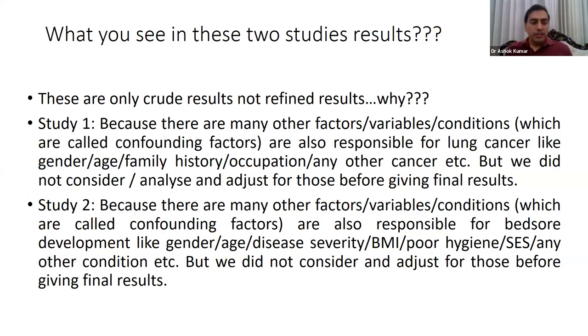And study 2, because there are many other confounding factors also responsible for bed sore development, like gender, age, BMI, disease severity, poor hygiene, socioeconomic status, any other condition, etc. But we did not consider and adjust for those before giving final results.